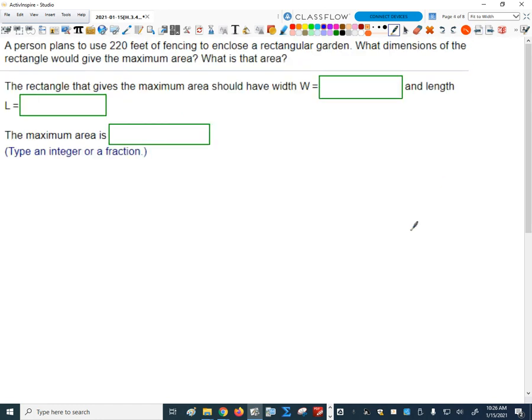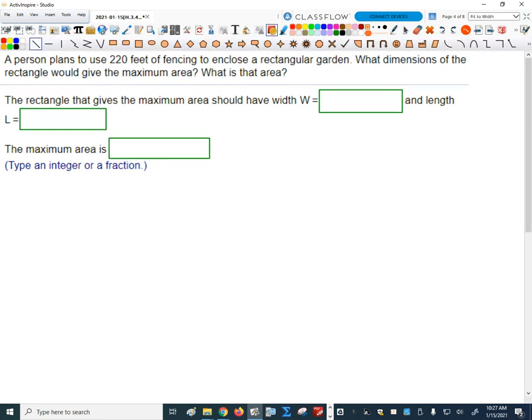So if I'm going to, let's draw a picture. So there's my rectangular garden, right?